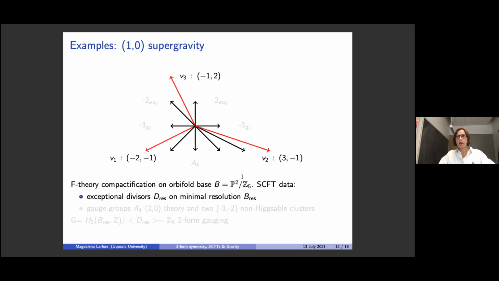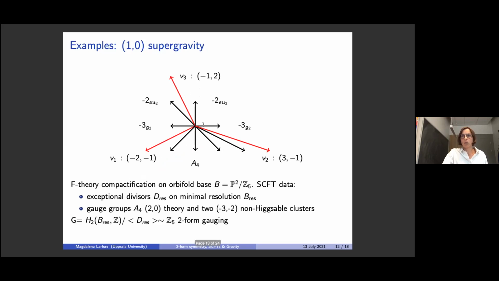If I want to find the SCFT data that goes with this, then I first need to find the exceptional divisors in a minimal resolution of this space. These are drawn here in black. And if I want the full SCFT data, I also need the gauge groups that are associated to these resolution rays.